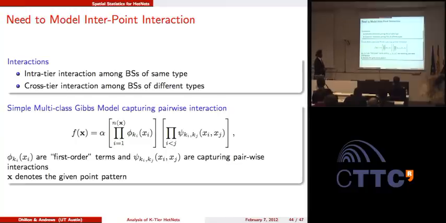So suppose you have X which denotes the given point pattern, the density over that X can be easily defined as the product of these two main terms, where your phi's are the first order terms, and you just had these terms, by the way, in a Poisson process. And then you introduce another product, which is basically dependent upon 2 points taken at a time, and hence you explicitly model the pairwise interaction.